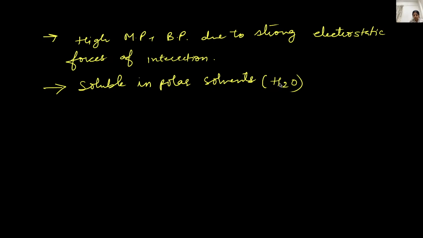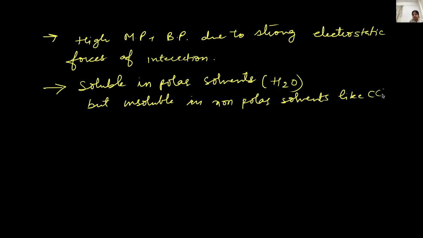Ionic compounds are soluble in water, but they are insoluble in non-polar solvents like CCl4. CCl4 cannot develop positive and negative charges on it, so it is a non-polar solvent, students. Okay.